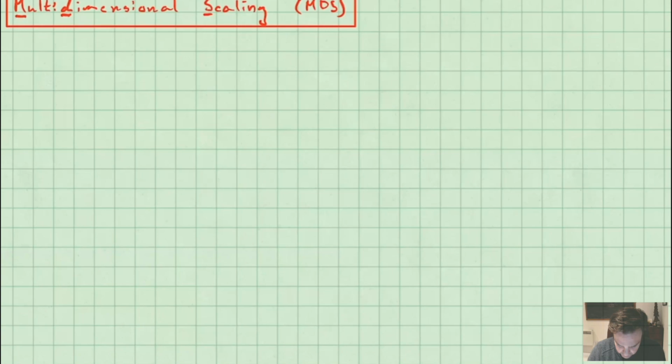So suppose you've been given some kind of distance matrix that's n by n.